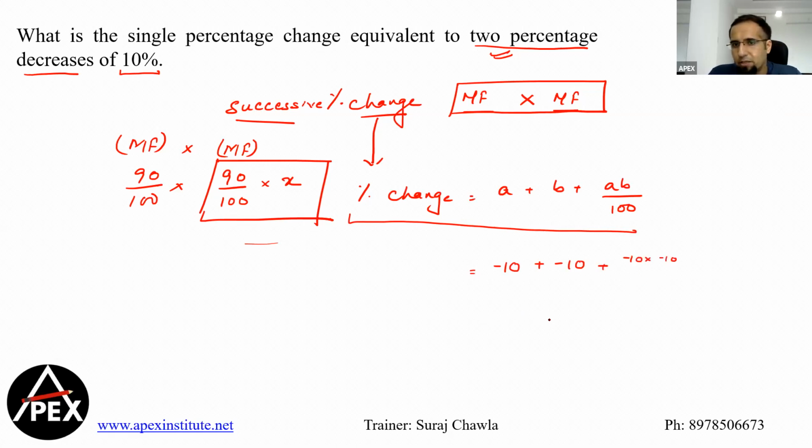Which means you get a minus 20 and a plus 1, which means you get a minus 19 percentage. That means overall it has dropped by 19 percentage. Am I clear? There are two minus signs now. Is it clear, guys? Successive percentage change.